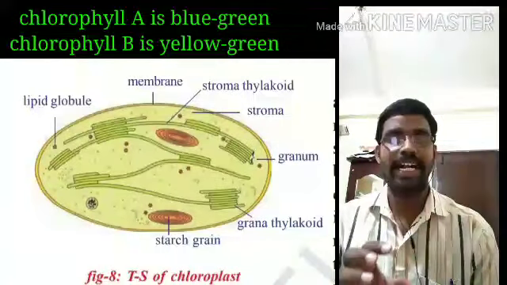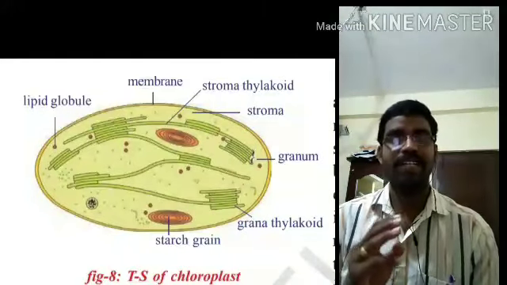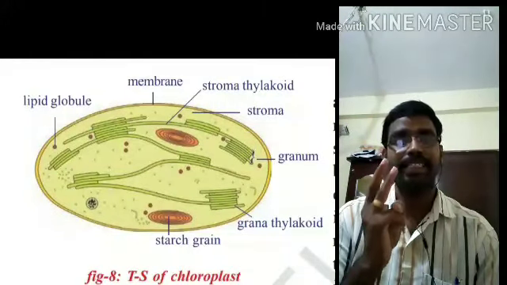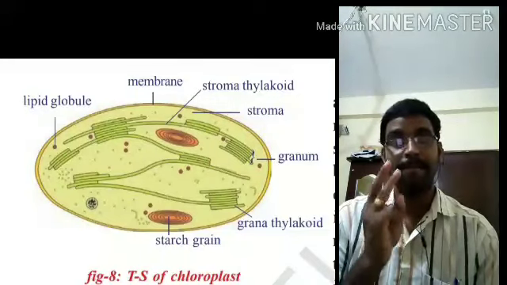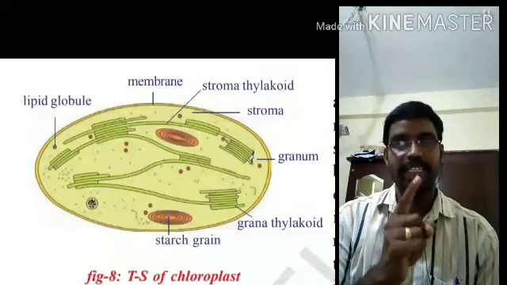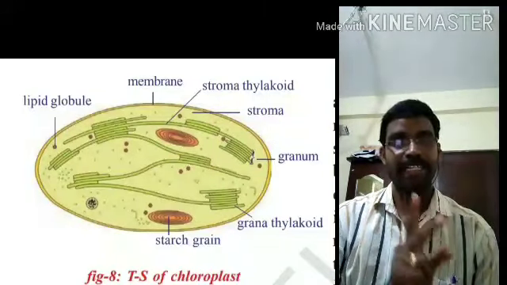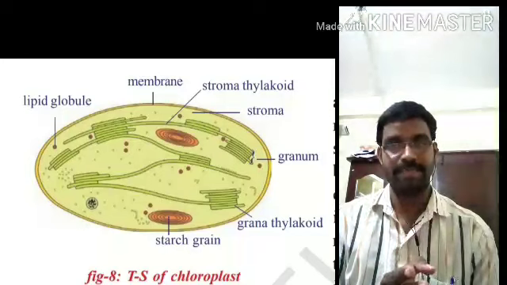And also there are different chloroplast functions. Of these, we want to discuss mainly three important functions of the chloroplast. One is converting light energy to chemical energy. Second, splitting of water molecules.